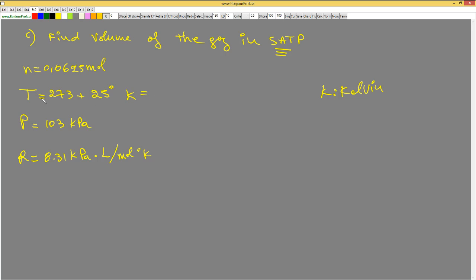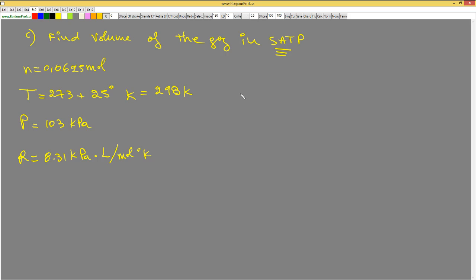So compute this one for me: 273 plus 25 gives you what? 298 Kelvin. Good.